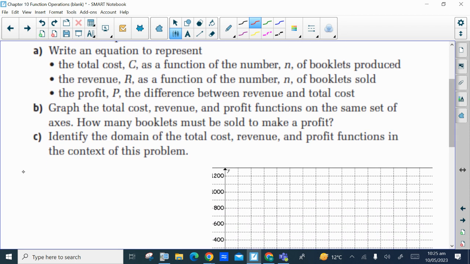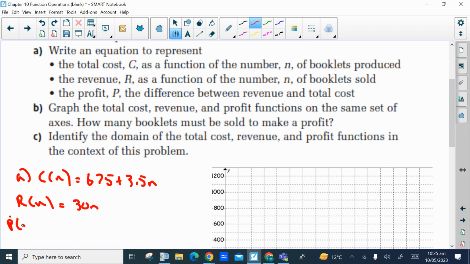So our cost function, C of n, there's a fixed cost of $675 plus $3.50, or 3.5n. Our revenue function, the booklets are sold for $30 each, so that would just be 30n.